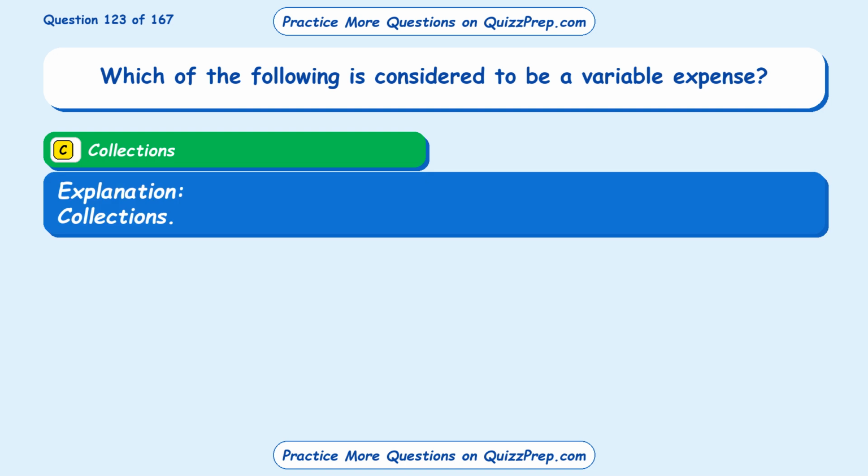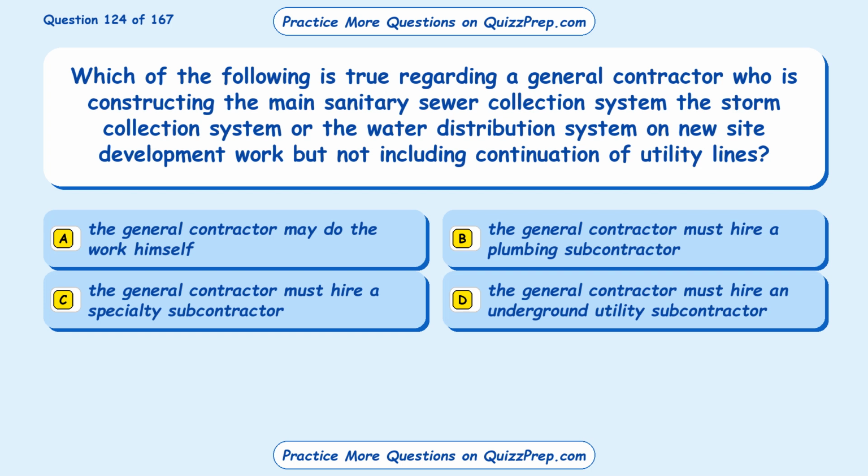Collections. Question 124. Which of the following is true regarding a general contractor who is constructing the main sanitary sewer collection system, the storm collection system, or the water distribution system on new site development work but not including continuation of utility lines? Option A, the general contractor may do the work himself.